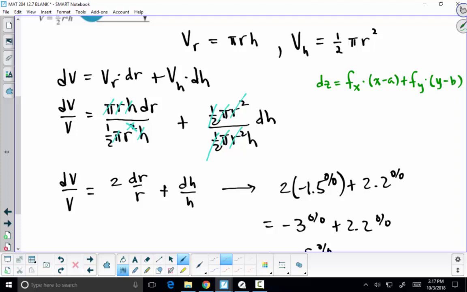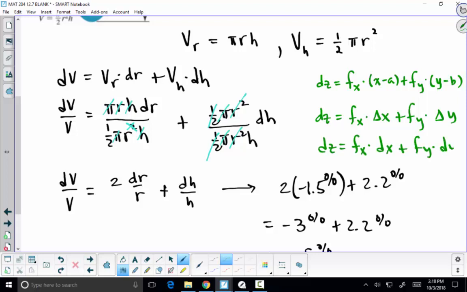This is kind of a theoretical thing: you can rewrite this equation in two ways. You could write this like this, or you could write this with differentials. And it doesn't matter, these are all equal.